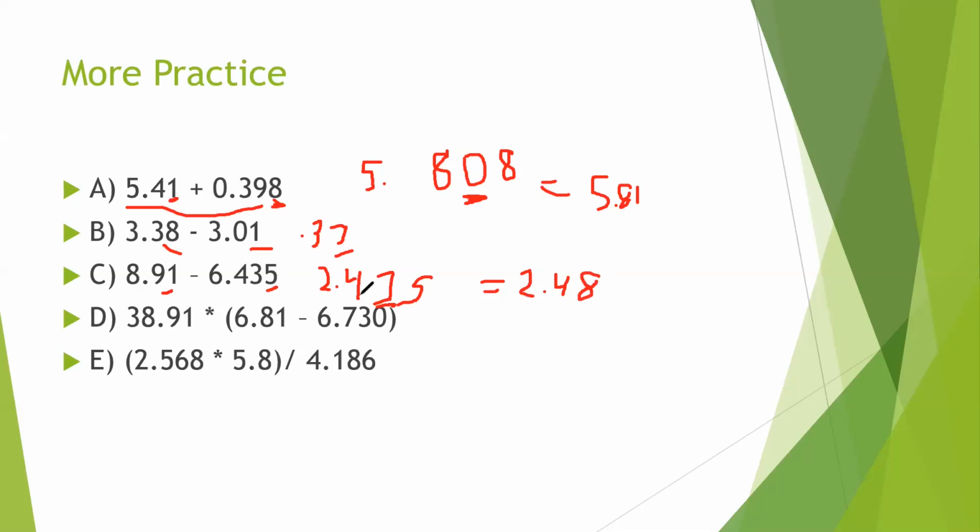Okay, D's actually tricky since we're doing 2 things at once. So when we have multiple operations, we have to do this one first, the parentheses. And then we do the multiplication and we keep track of how many sig figs are in each. So since the parentheses are first, we do 38.91. And then for the sig figs, we notice that we round to 2 decimal points. But for a calculator, we keep everything in.